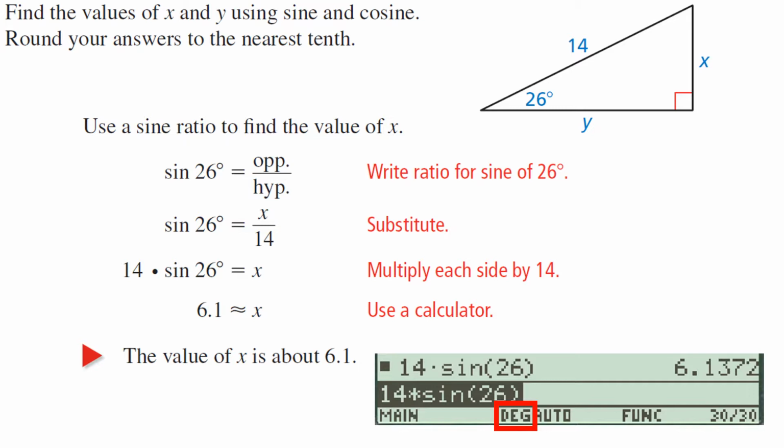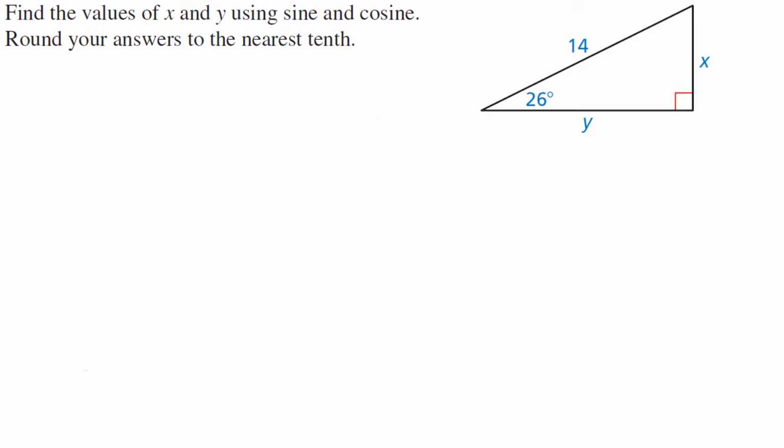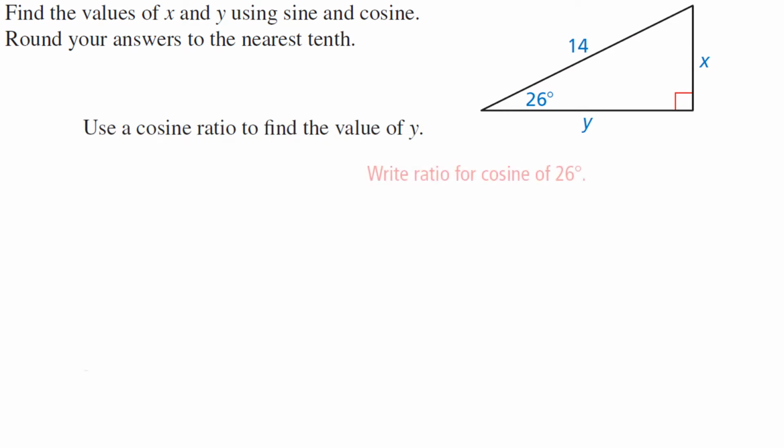We've got to find y now. Keep the picture there. For y, since y is the adjacent leg, I'll use cosine, because cosine is adjacent over hypotenuse. So substitute some values. The adjacent leg is y, the hypotenuse is 14.